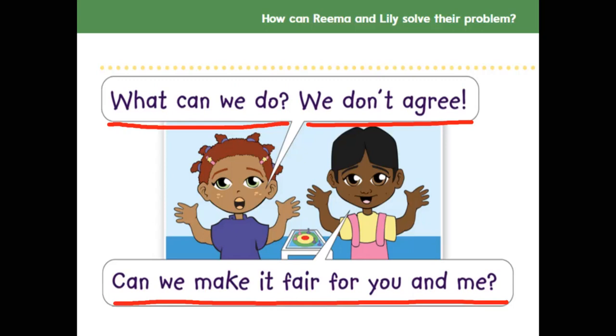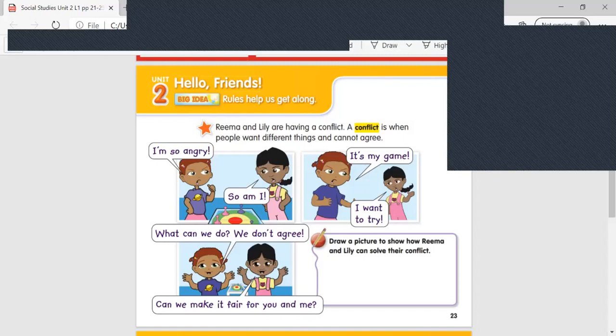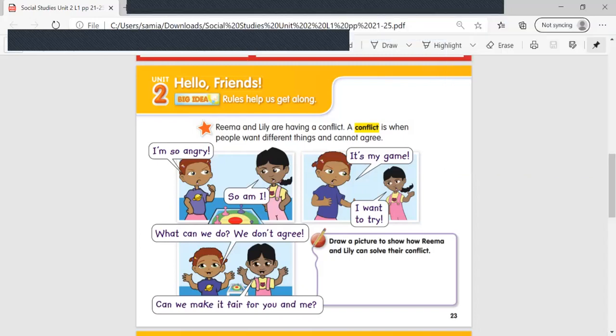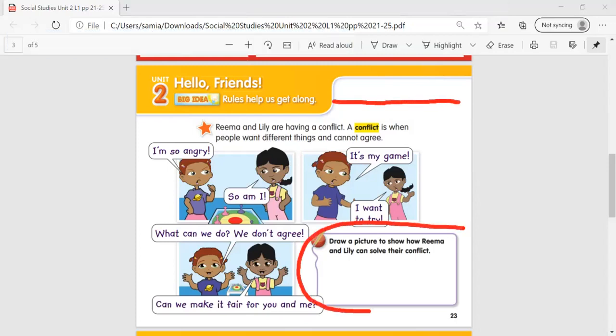Well, on page 23, I want you to draw a picture to show how Rima and Lily can solve their conflict or their disagreement. So draw a picture. I will show you where to do that. It's on page 23. Okay, so here's page 23. So make sure you write your name and date up here, okay? So over here, you are going to draw a picture to show how these two girls, Rima and Lily, can solve their conflict.